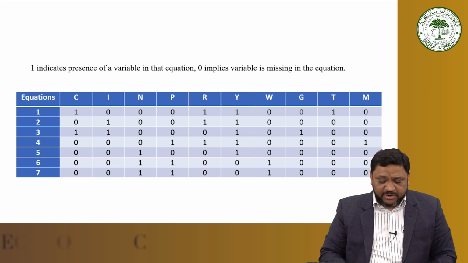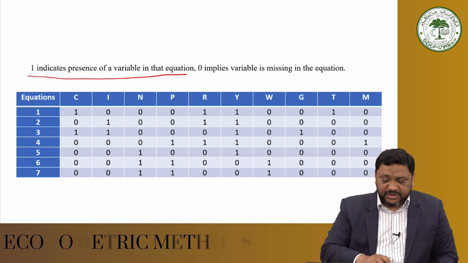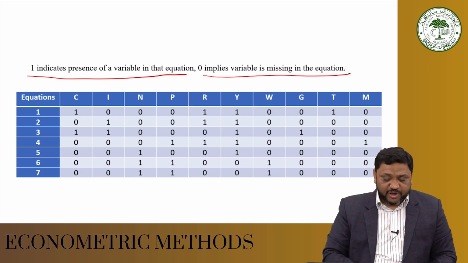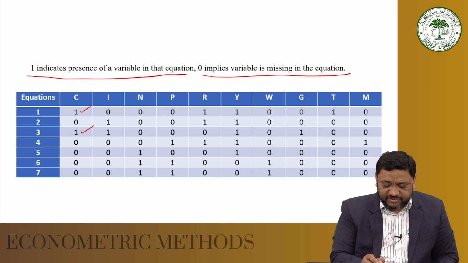We draw this table where 1 indicates the presence of the variable in that equation and 0 implies the variable is missing from that equation. So we can see in the C equation what things are present. This is present in the third equation, this is in the first equation.